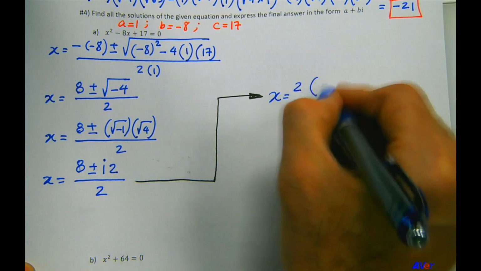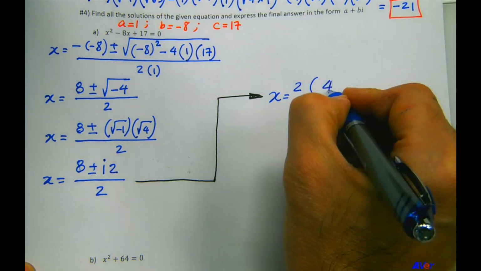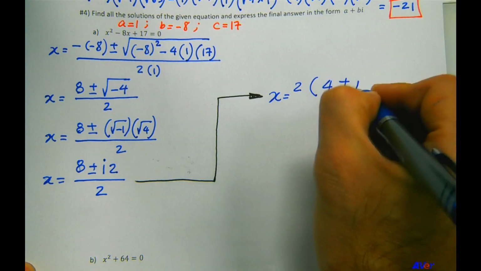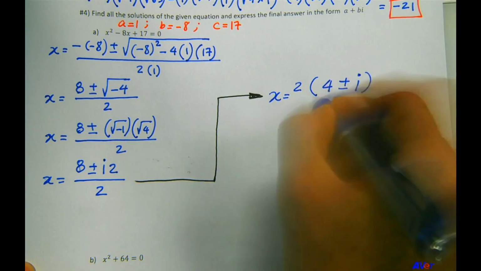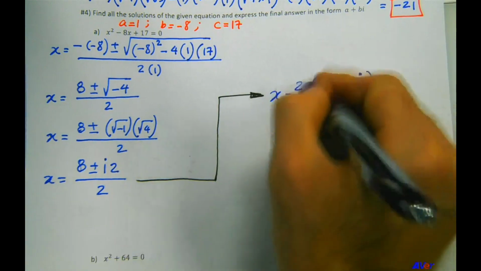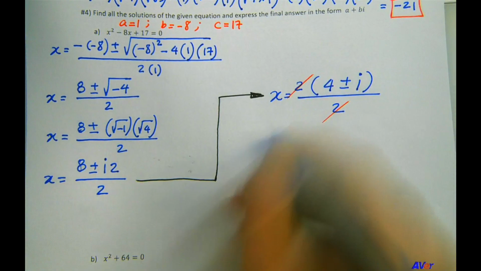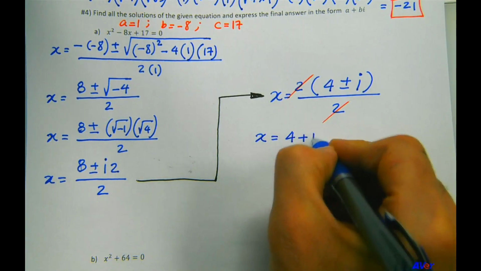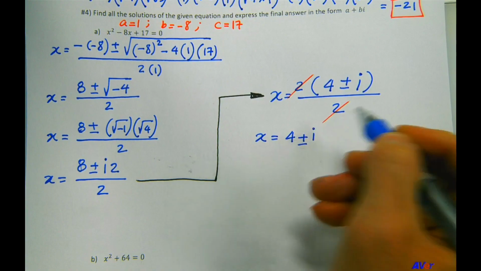We end up with 2 times 4 plus or minus i, right, over 2. So this 2 and this 2 cancel out. We get x equals 4 plus or minus i.